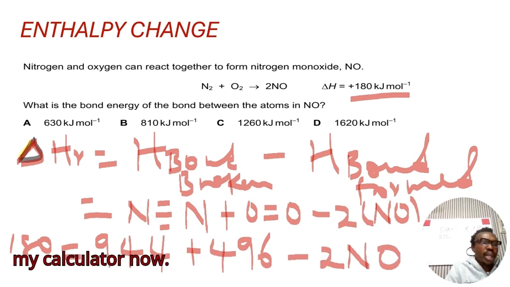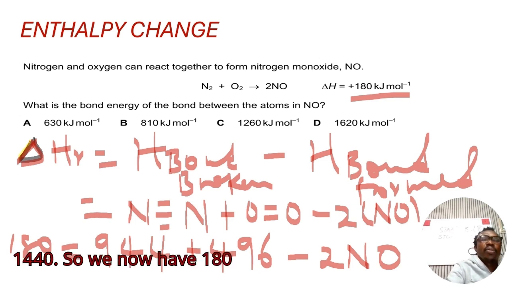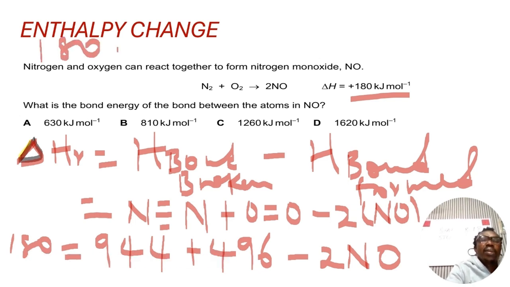So I'm going to use my calculator now. 944 plus 496 is equal to 1440. So we now have 180 is equal to 1440 minus 2NO.